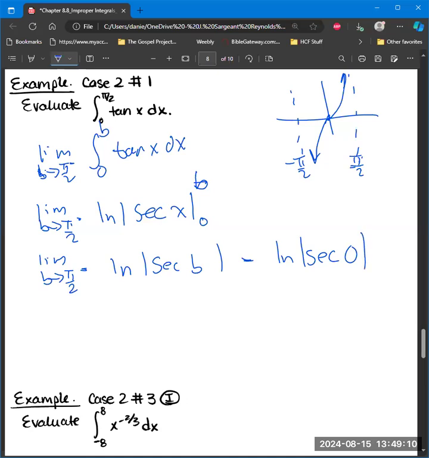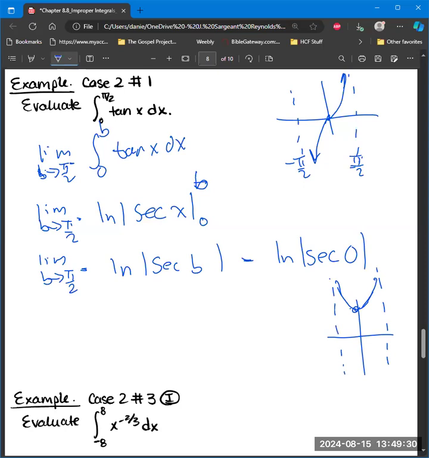So this is secant as I get close to pi over 2 from the left. Let's see here.